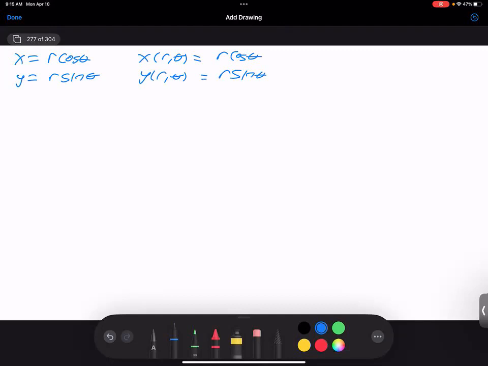What would the partial of x with respect to r be? If I take the derivative of x with respect to r, what would that equal? It would just be cosine theta. What about the derivative of x with respect to theta?